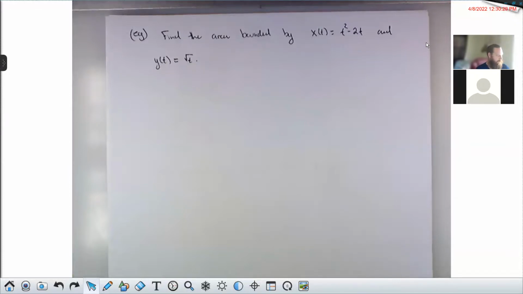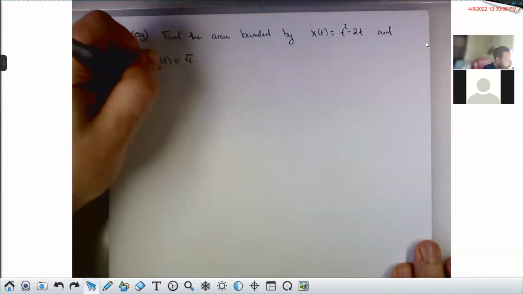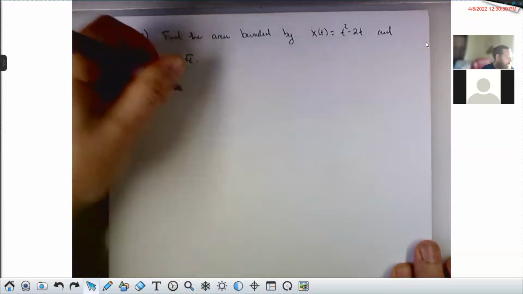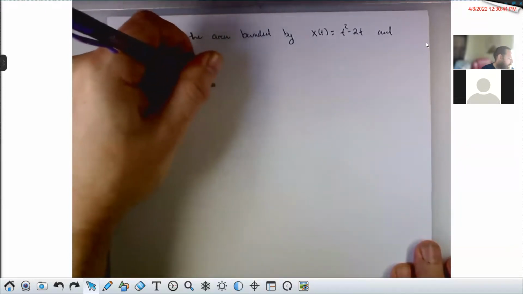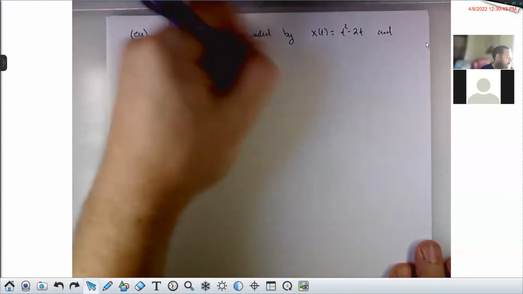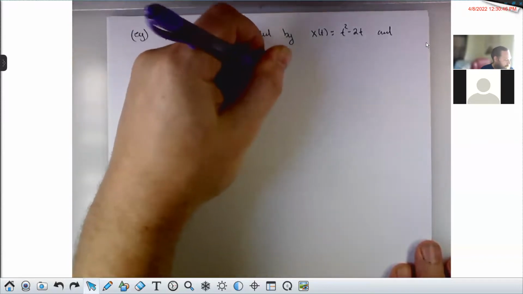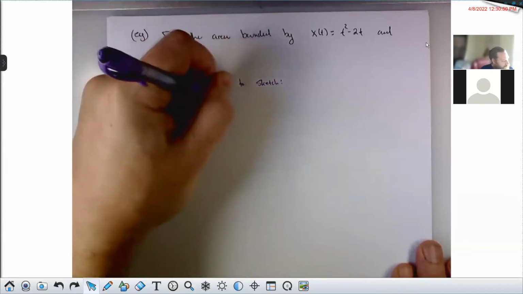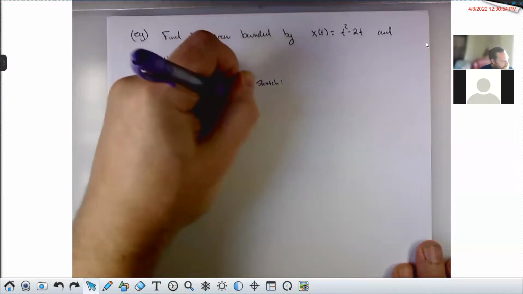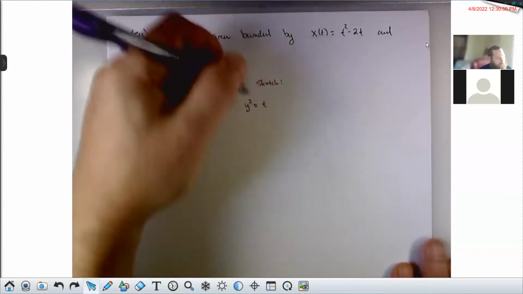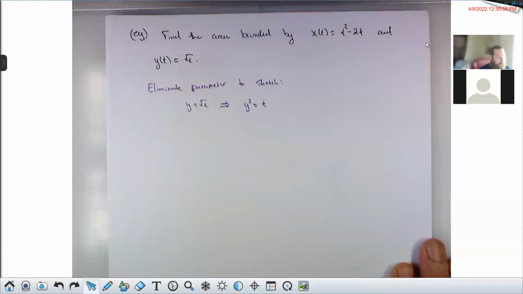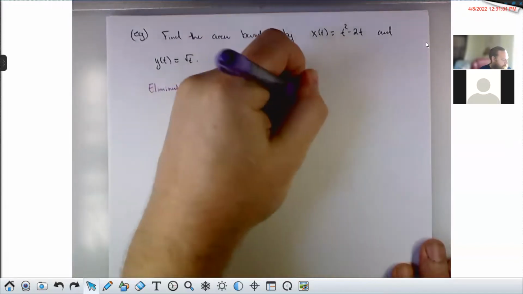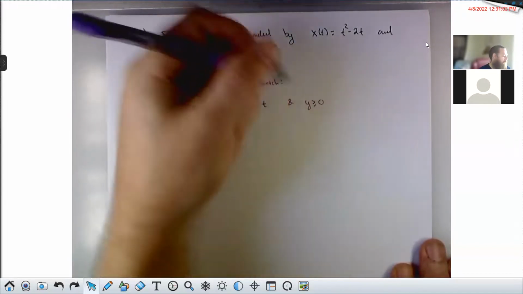So the curve here, if we want to sketch this, we can eliminate the parameter. We know that y is equal to the square root of t, which means that y squared is equal to t. And also that y is positive, right?